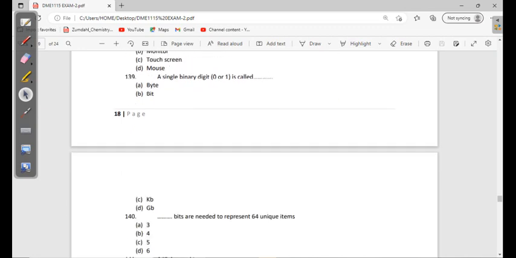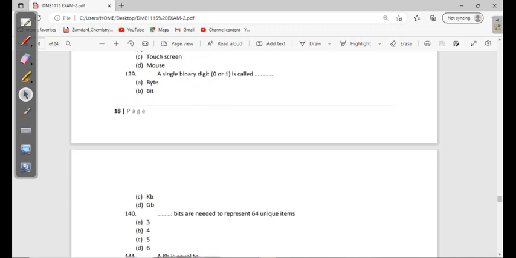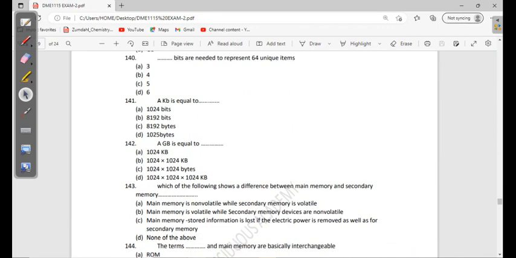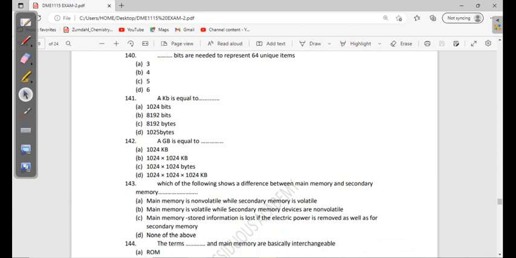140. Dash bits are needed to represent 64 unique items. To find the number of items, with n representing the bits, the number of items is 2 to the power n. So 2 to the power n is equal to the number of items, which is 64.